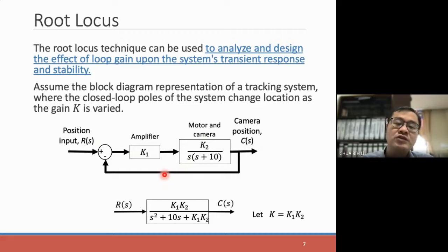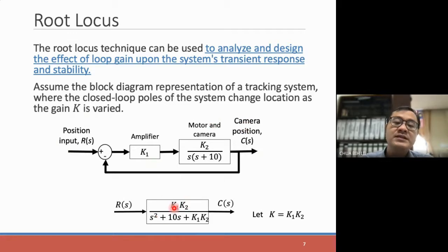That will change your transfer function for the so-called H, right? This part will form the G, and for this part, since we don't have anything, we let H equal 1. So simplify it, and you would have this transfer function to describe this closed loop system, right?